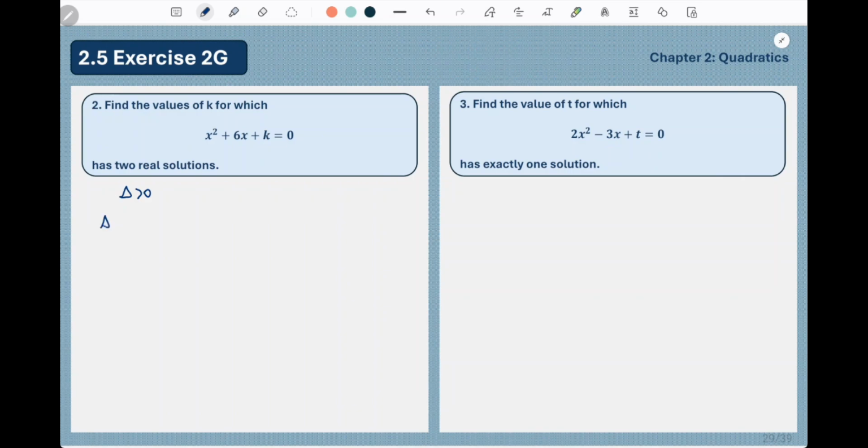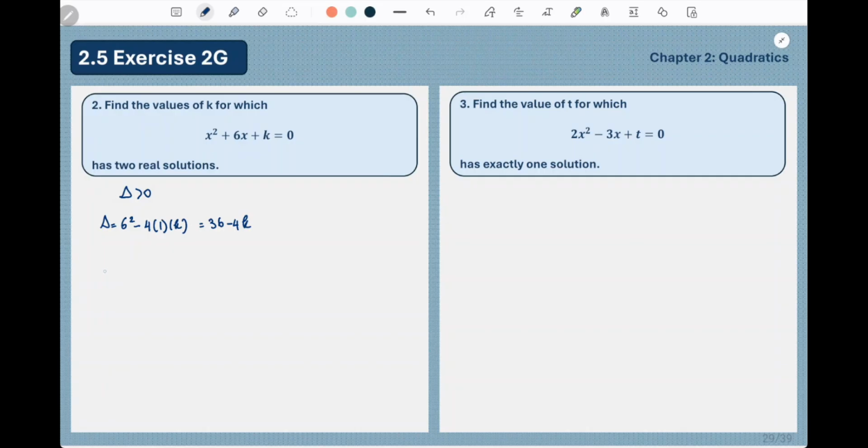Delta is equal to b squared minus 4ac. b in this case is 6. So 6 squared minus 4 times 1 times k, so that's 36 minus 4k.